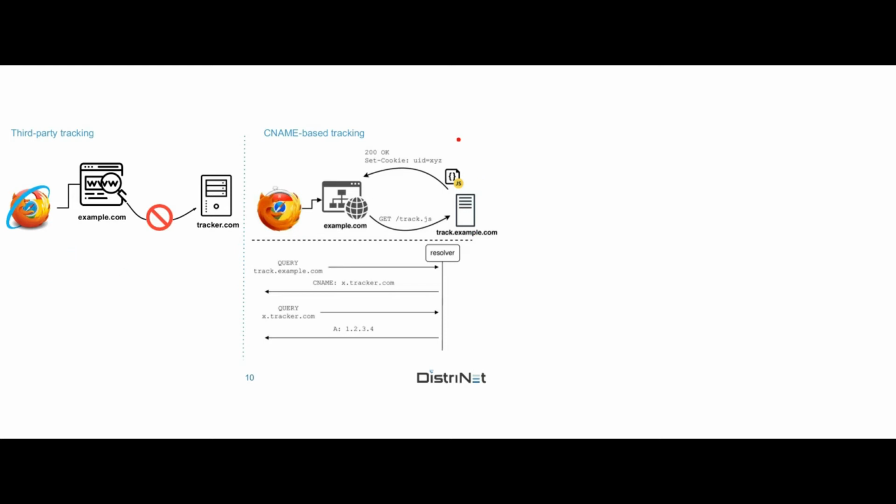So in this case, it's a request from example.com to track.example.com. This is a first-party request, and the cookie that will be set is also first-party and is set by the domain of the website itself.